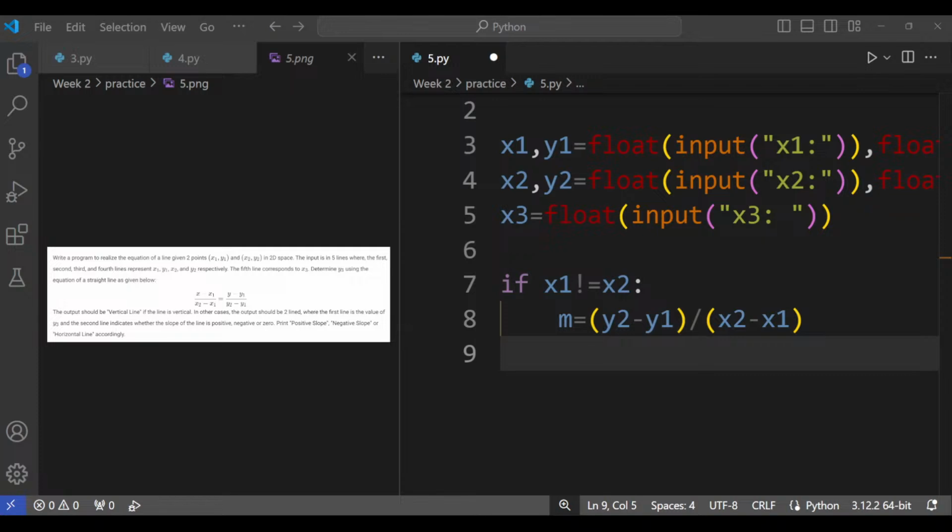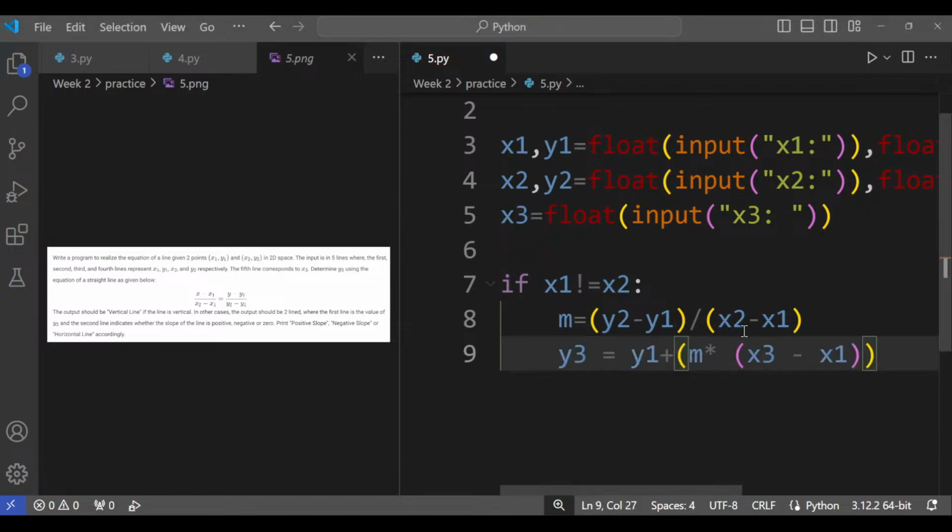And then we get the value of y3. y3 equal to, I think the formula for that is, y3 equal to y1 plus m into x3 minus x1. So y3 minus y1 equal to m into x minus x1. Yeah, that is the formula.